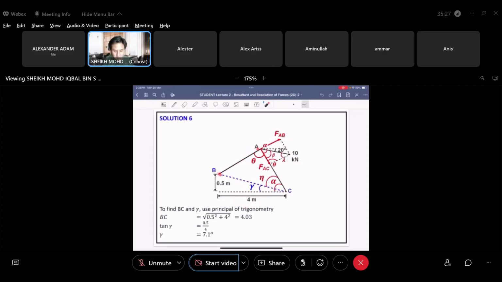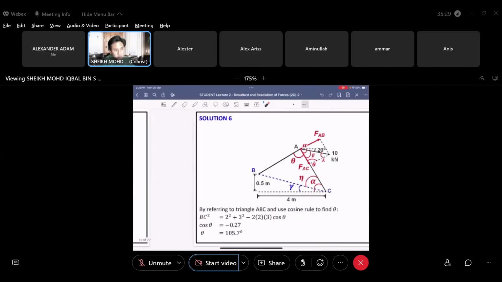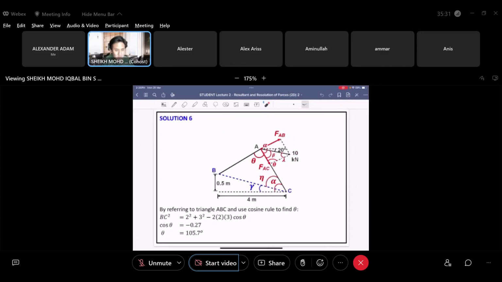Okay, so once we have the magnitudes, we can use the cosine rule, right? You have to remember, between using the sine rule and the cosine rule, you have to choose whichever one you have sufficient data to use. So at the moment, we have sufficient data to use the cosine rule, right? So BC squared equals 2 squared plus 3 squared minus 2 times 2 times 3 times cos theta, all right?